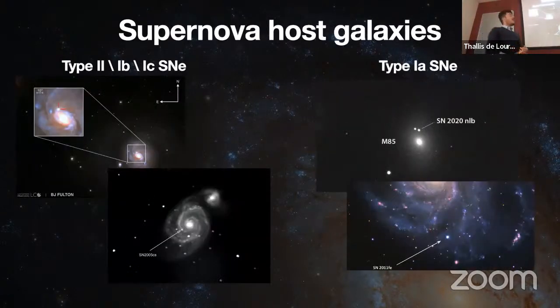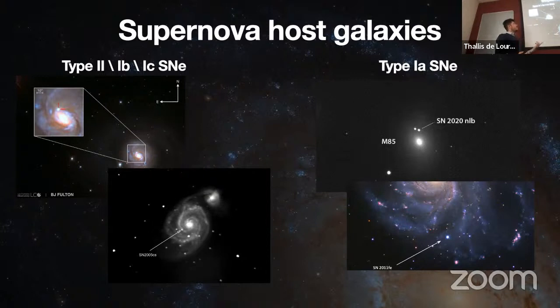So a very early analysis of the different supernova types was made by looking at the galaxy where each supernova exploded. And people realized that types 2, 1B, and 1C supernovae only happened in spiral galaxies and in the star-forming regions of these galaxies.